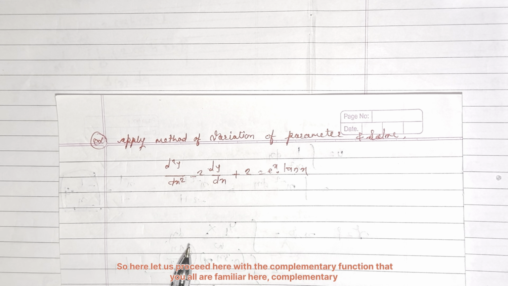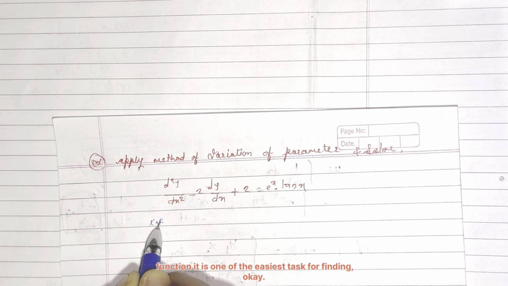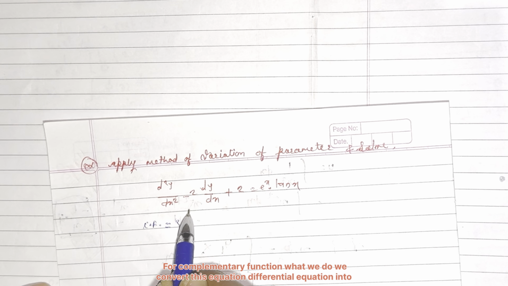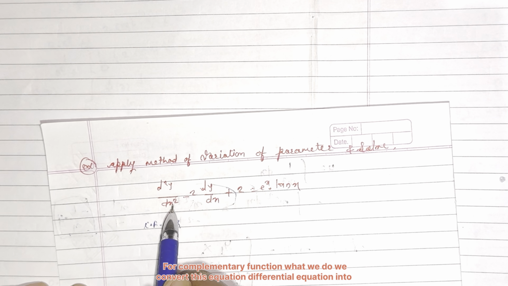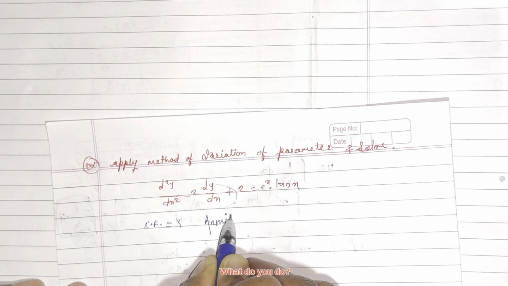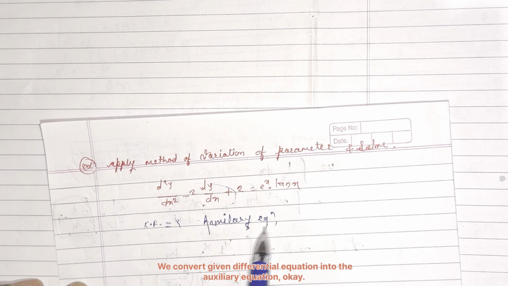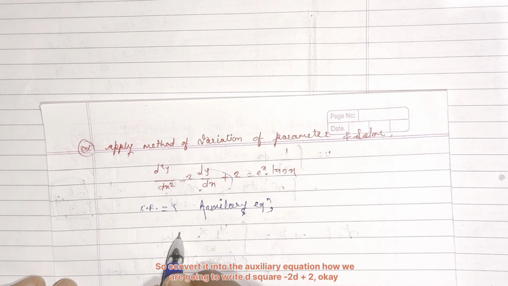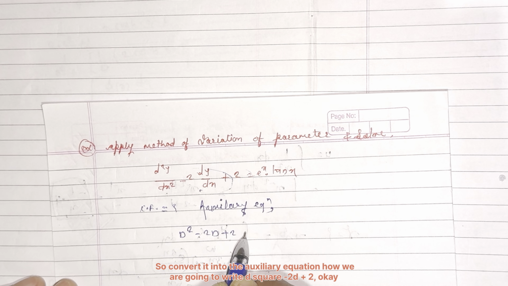Let's proceed with the complementary function, which is one of the easiest tasks. For the complementary function, we convert the given differential equation into the auxiliary equation: D square minus 2D plus 2 equals 0.